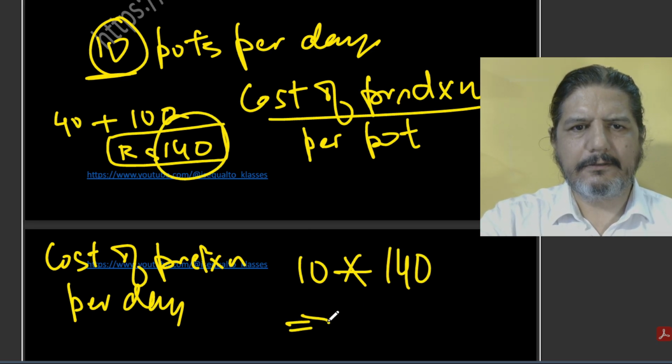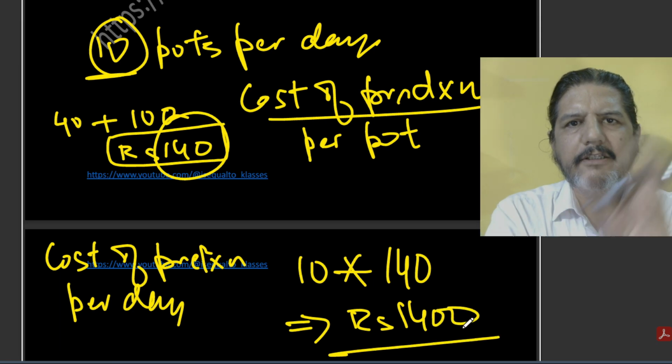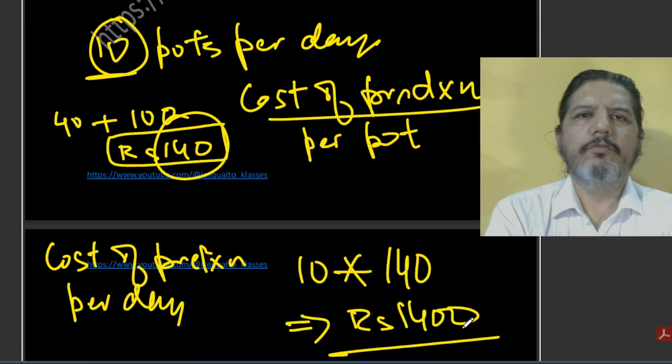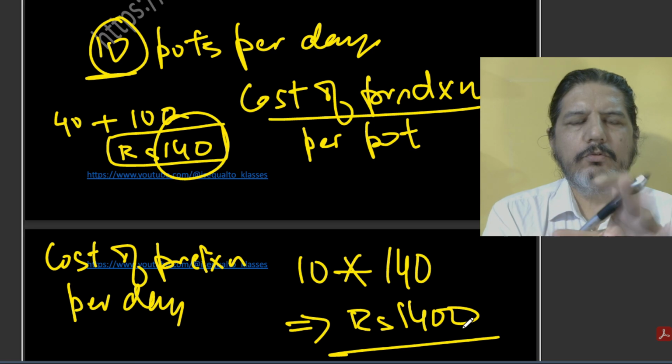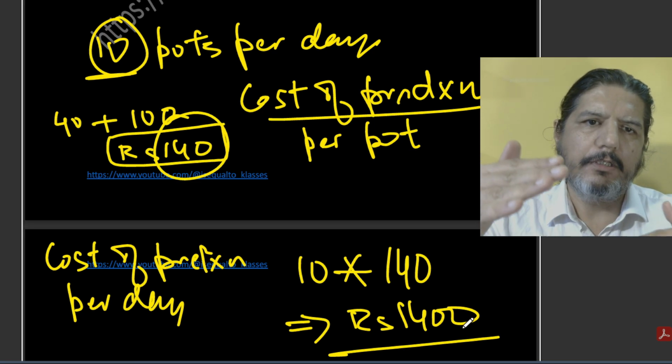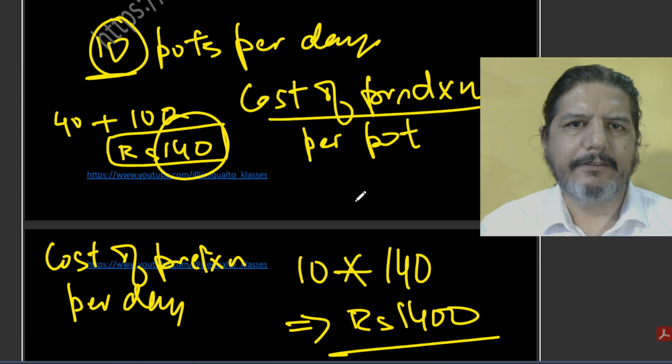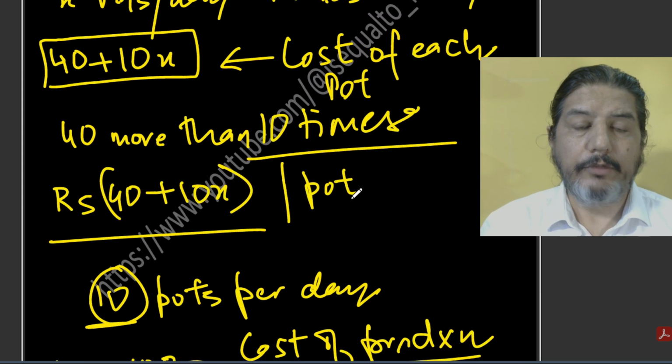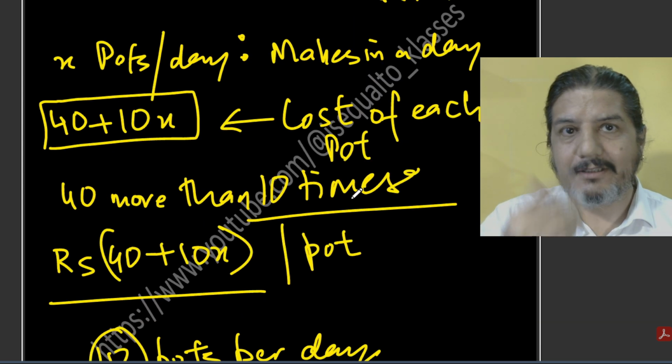So in this random example of ours, his cost of production of 10 pots is rupees 1400. This is just to illustrate the question, because with numbers it becomes easy to understand. But we have to make the equation in terms of algebra.